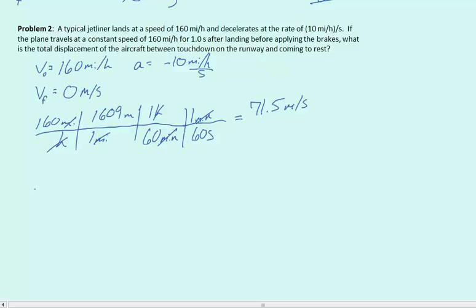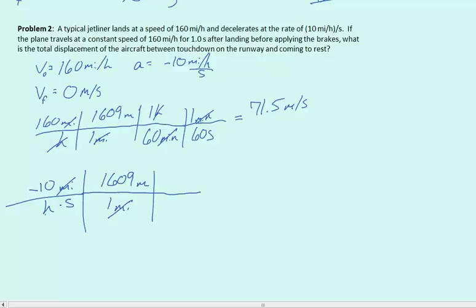And now we convert our acceleration of negative 10 miles per hour per second into meters per second squared. So we know that for every 1 mile, there are 1,609 meters. So our miles will cancel out, which will leave us in meters. And to convert our hours into seconds, we know for every 1 hour, there are 60 minutes, and for 1 minute, there are 60 seconds.